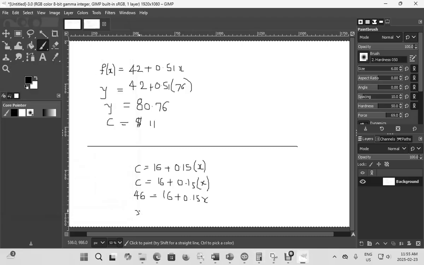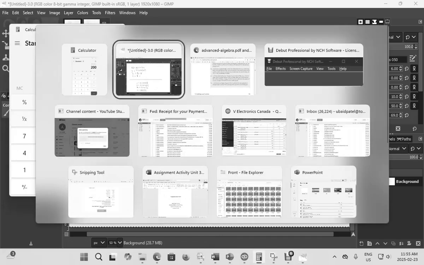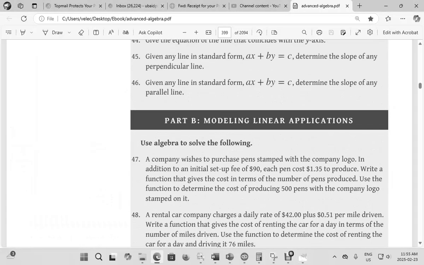So x equals 200 minutes. Again, you can verify this answer using the same method that we used for the first question. This is basically how you use algebra or linear equations to solve word problems in practical life.